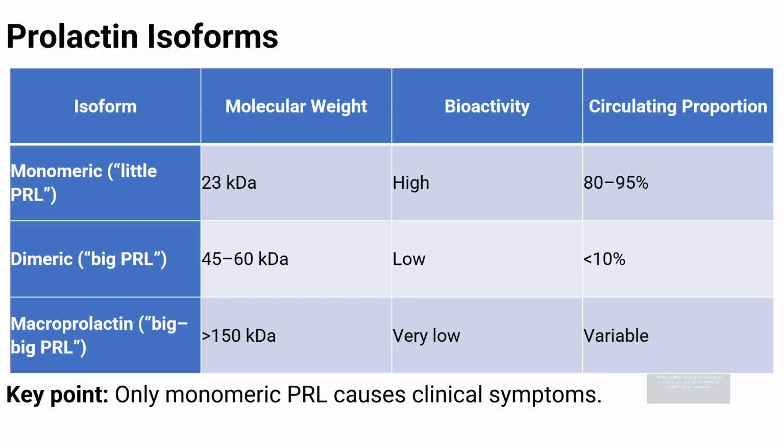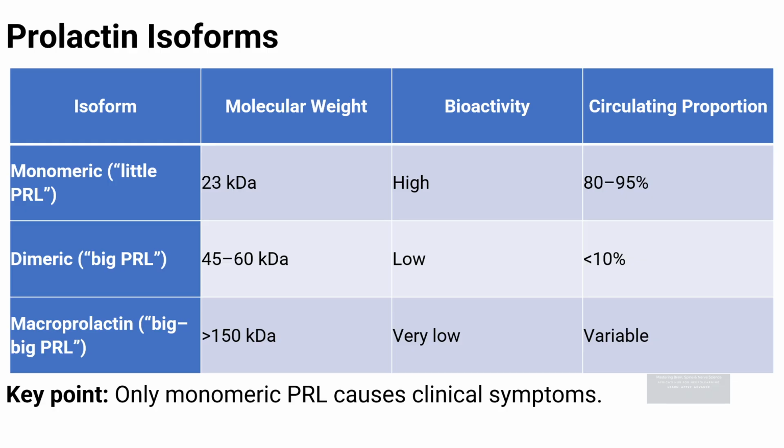Prolactin circulates in the bloodstream in several different molecular forms, and these isoforms differ greatly in their biological activity and clinical relevance. The predominant form is monomeric prolactin, often called little prolactin. It has a molecular weight of about 23 kilodaltons, accounts for roughly 80 to 95% of circulating prolactin, and is the biologically active form responsible for the typical clinical features of hyperprolactinemia.